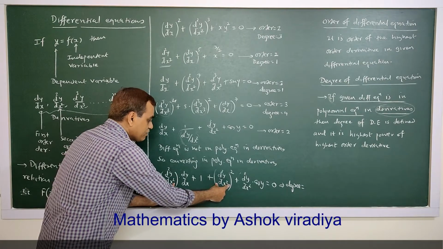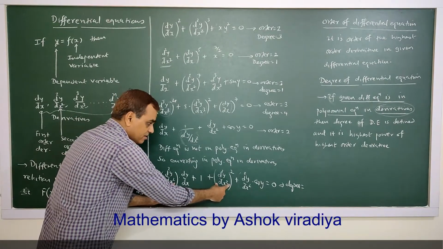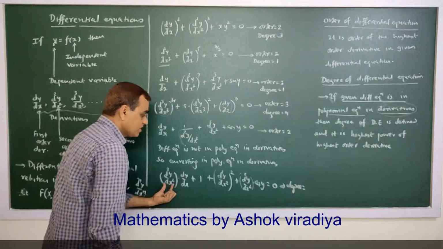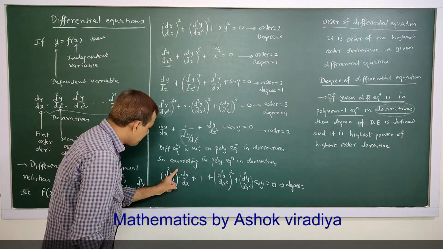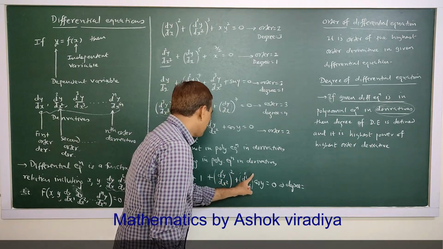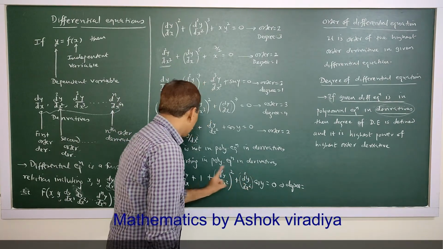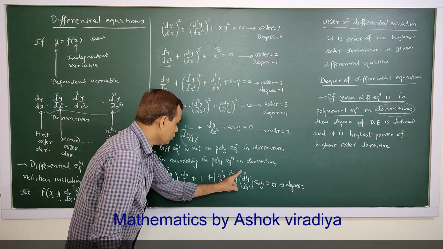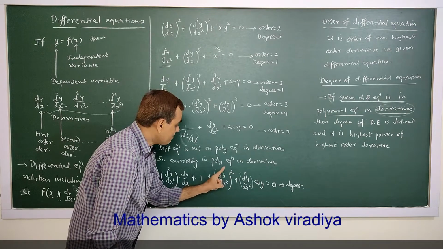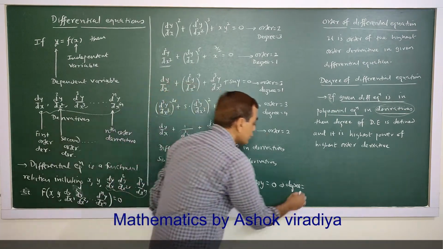The highest order derivative is d square by dx square. This is also a highest order derivative. Now look at their powers. Here power is 1, power is 2. See, here power is 1. So 1, 2, 1. What is highest? 2. So the highest power of the highest order. So degree is 2.